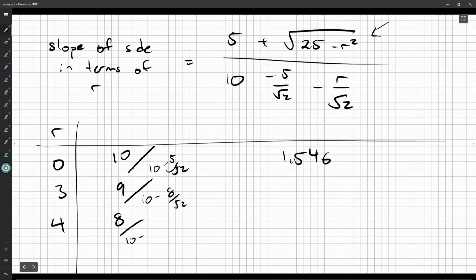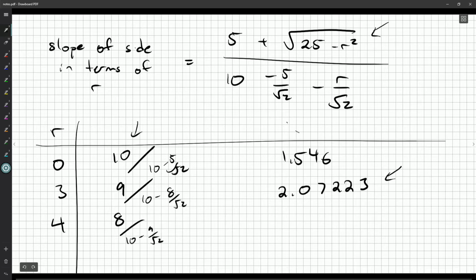And then it would be divided by 10 minus 9 over root 2. And numerically, what are these? Is the top contributing more than the bottom? That sort of a thing. So 9 divided by 10 minus 8 divided by square root of 2. So that's a little bit bigger. 2.07223. So that's definitely sort of in the lead.